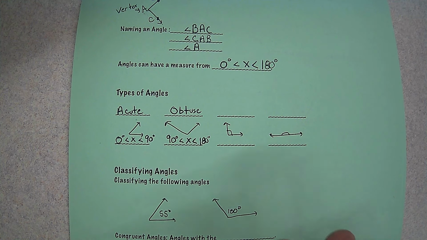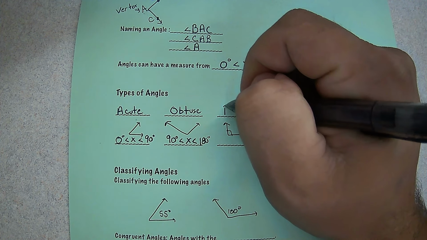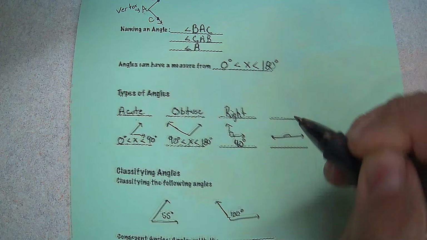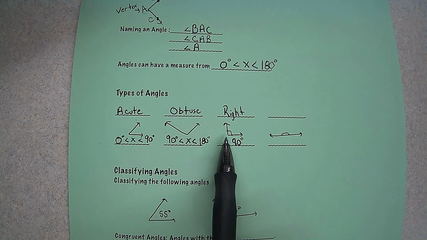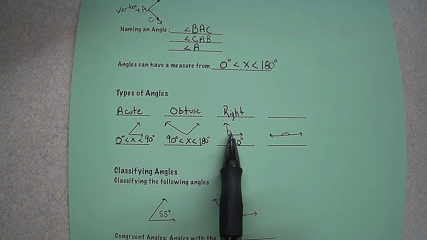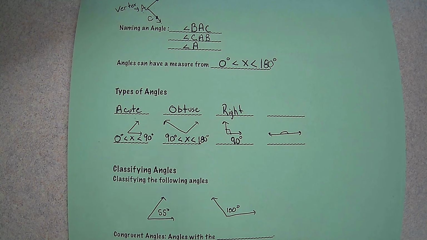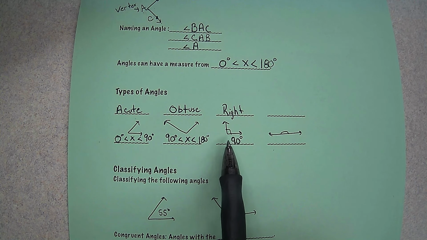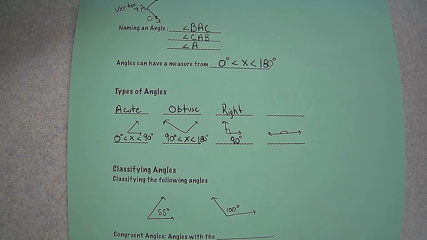We have two angle measures that we give special names to. We call it a right angle if it's exactly 90 degrees. And the way that we know that it's 90 degrees is you see this little box in the corner, or you're told that it's 90 degrees. We can't assume that we have a 90 degree angle unless we are told that it's 90 degrees or it has that box.